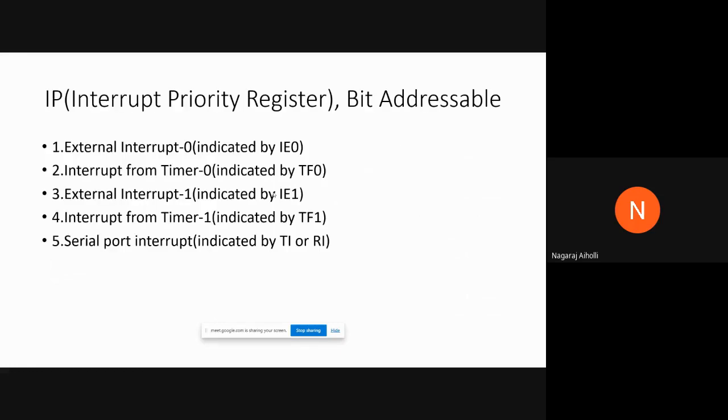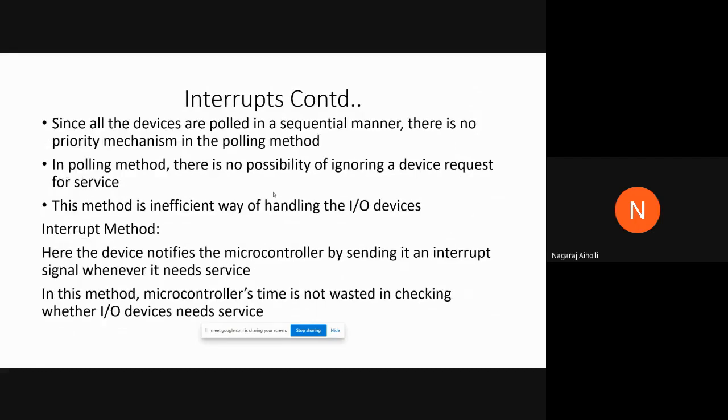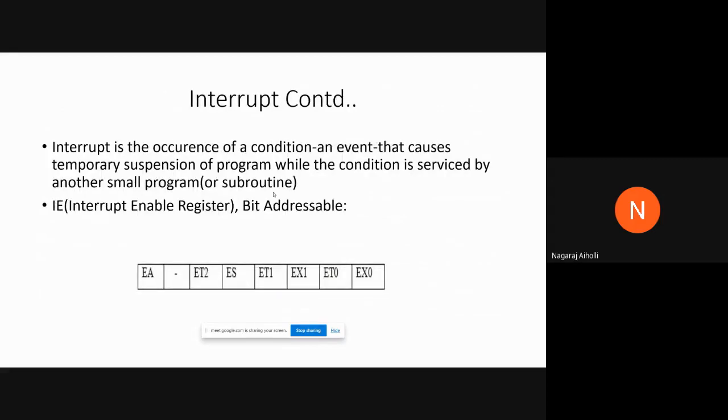In today's class, students, we have discussed the interrupts: what is an interrupt, the definition of interrupt, the two methods, the polling method and the interrupt method, and the comparison between them. Then the IE register, the interrupt enable register, and we explained its bit structure.